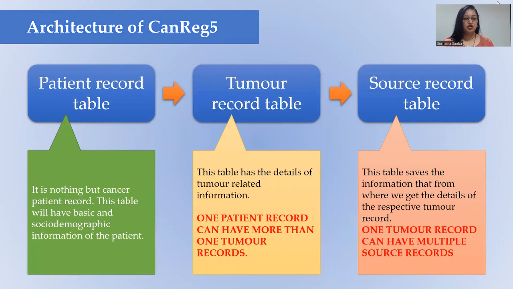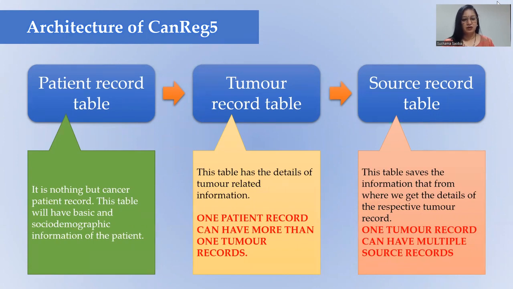Let us see the architecture of CanReg5. We have the patient record table, the tumor record table, and a source record table. The patient record table is the data related to the patient.